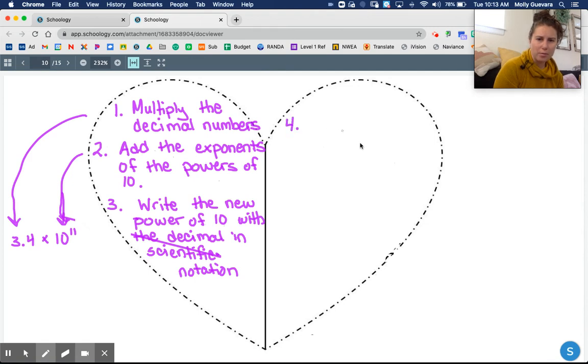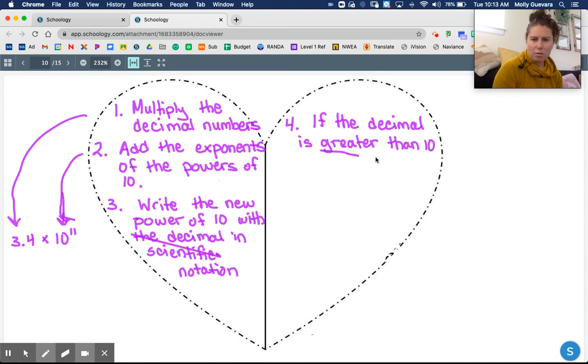Okay. Then the last step, because this happens frequently. If the decimal is greater than 10, right?